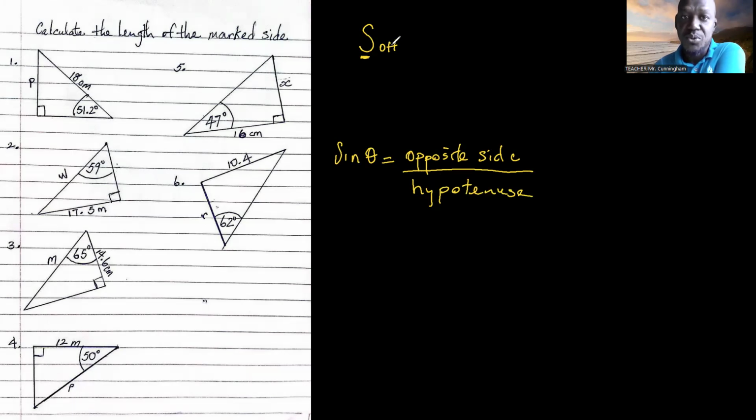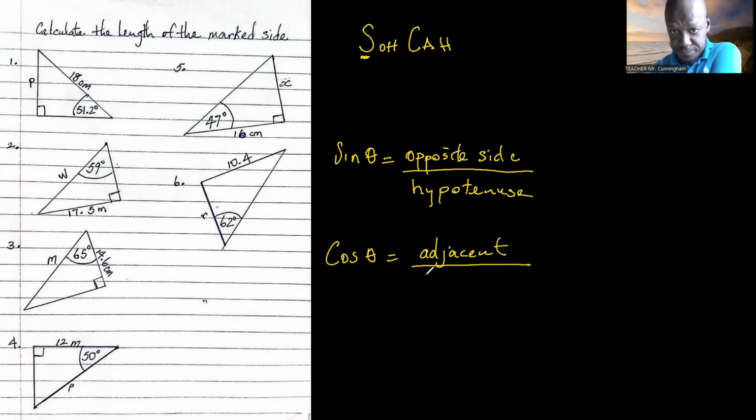Now the CAH means that the cosine of the angle is equal to adjacent over hypotenuse.